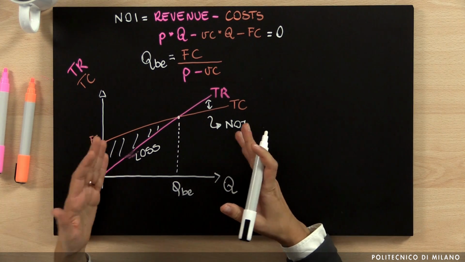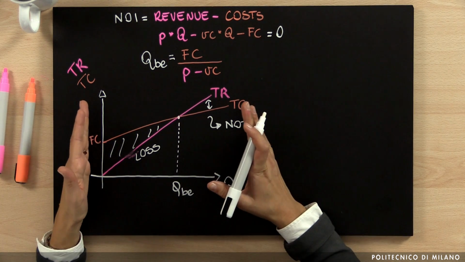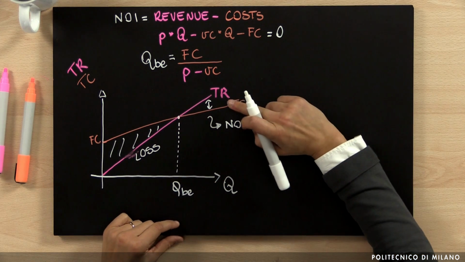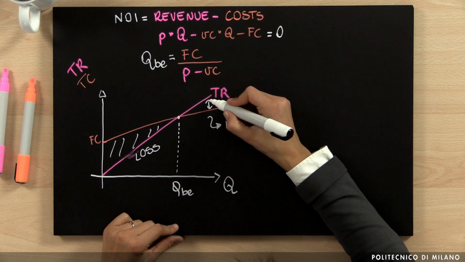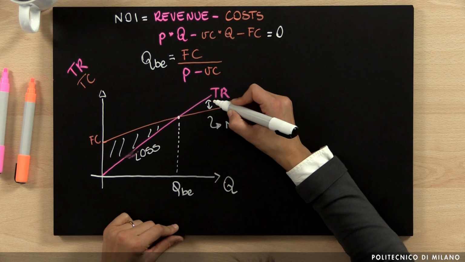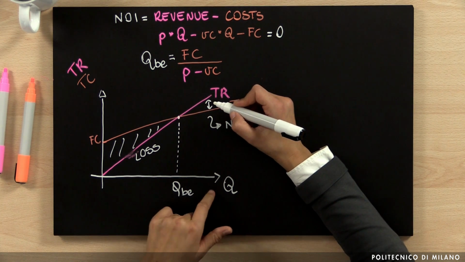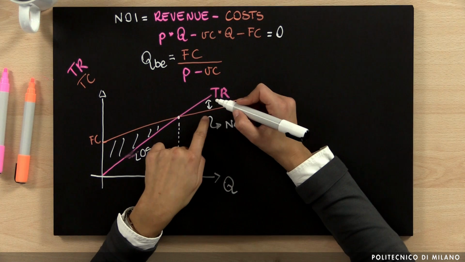We can also add something more, because by looking at this picture, we can say that when we want to achieve a certain net operating income, we can still define the quantity that allows us to achieve that specific net operating income. How?